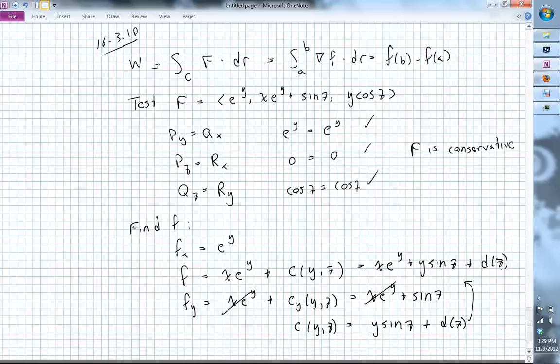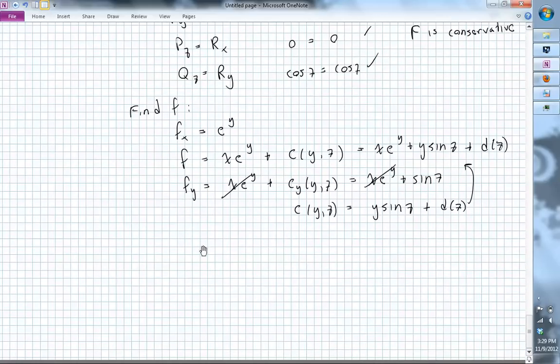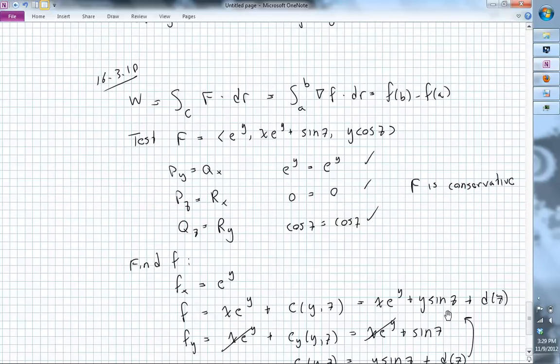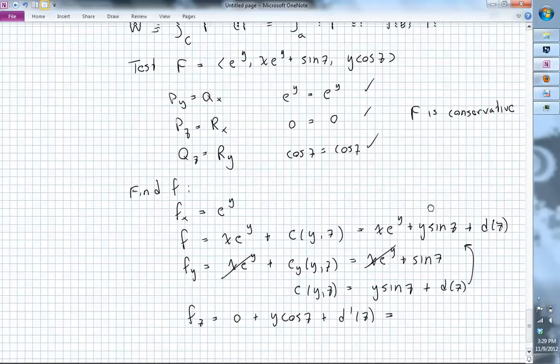And how are we going to finish this off? F sub z, right? So f sub z is 0 plus y cosine z plus d prime of z. And what does that have to equal? I've already forgotten. Y cosine z.